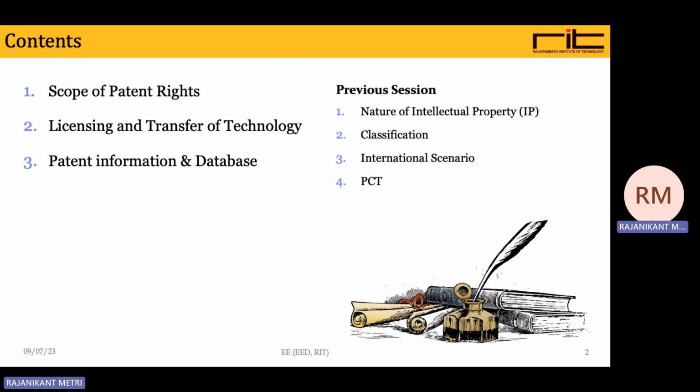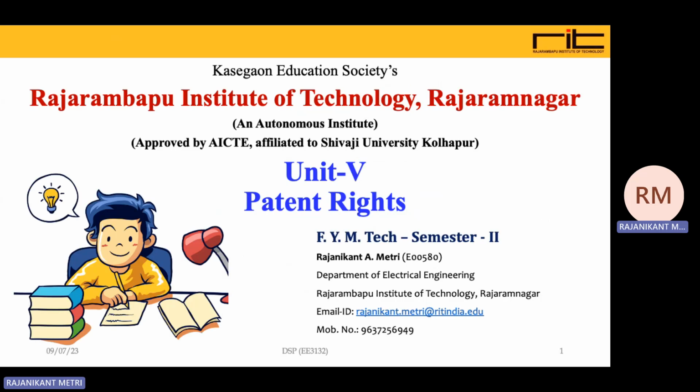And at the last, we have seen the patent information, what it contains and the advantages of patent information, as well as the free and paid patent databases available. So this ends this patent rights chapter. Thank you.